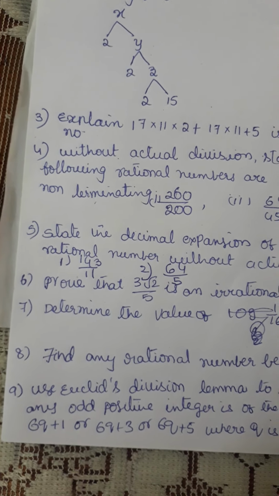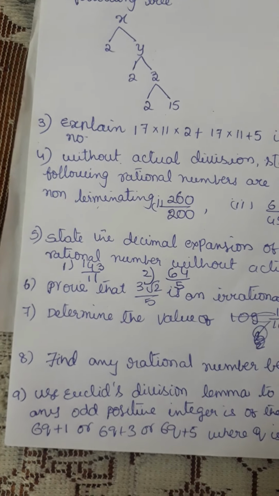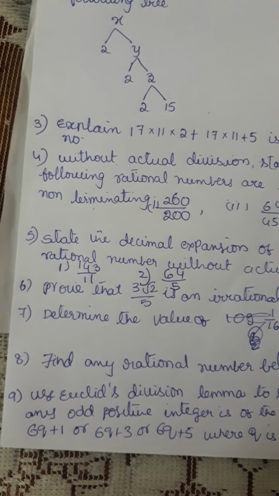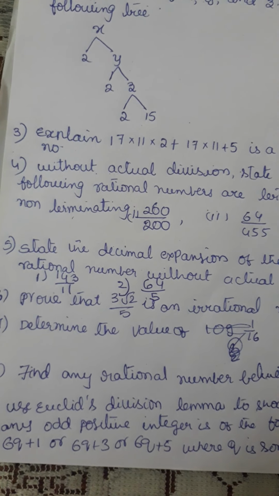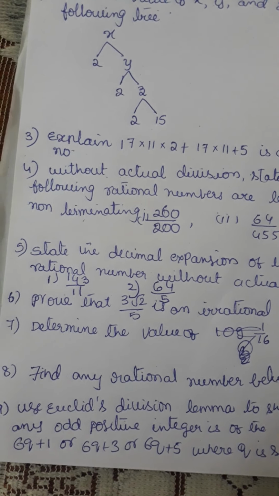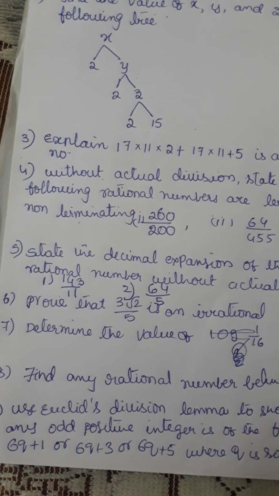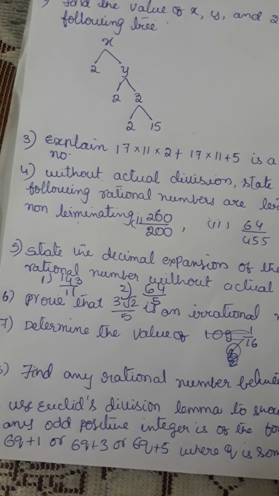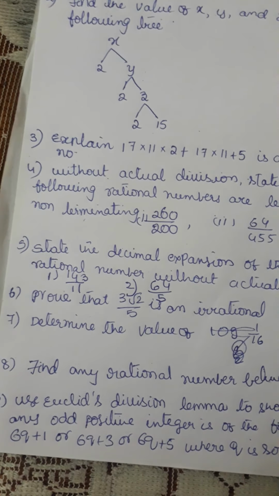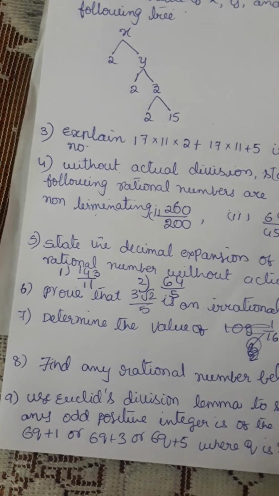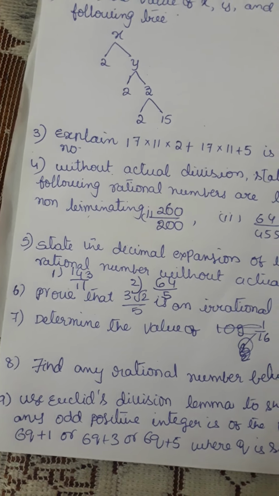Now whenever you are dividing with 6, the remainder should always be less than 6, meaning it should be either 0, 1, 2, 3, 4, 5. So your possible options are 0 is less than or equal to r is less than 6. First, if r is equal to 0, what happens?